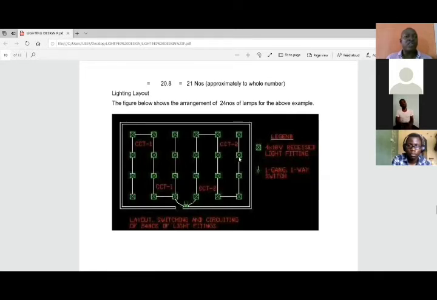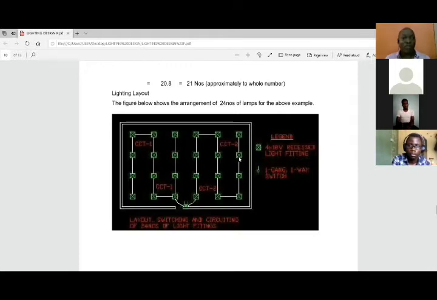Now, for the fact of making provision for tolerance and getting good spread of the illumination around the space, we can actually look at 24 lamps. My 24 lamps, I can also have 2 or 3 ways that I can use in making the arrangement in terms of layout. I can opt for 6 by 4. I can opt for 8 by 3.